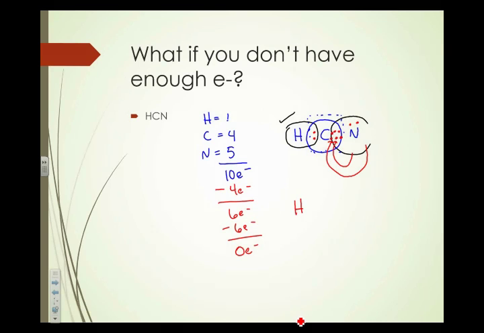At this point, I can redraw this as a Lewis dot structure, or I can draw each bond as a line. So there's a bond, and now here are 3 bonds because I have 6 electrons. There's my nitrogen, and there are the electrons on the nitrogen.